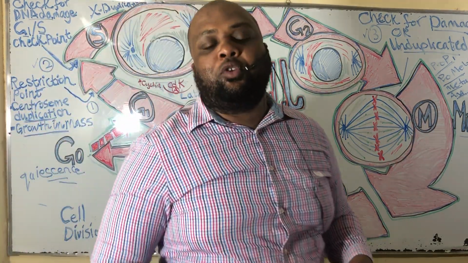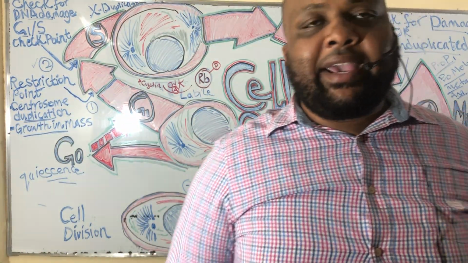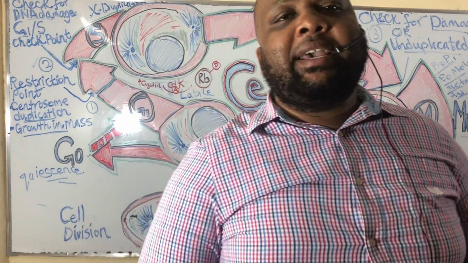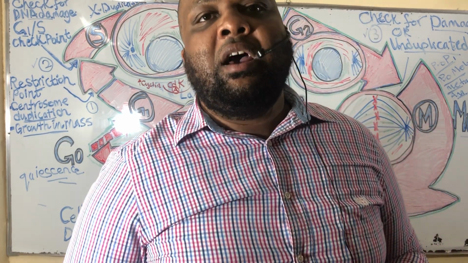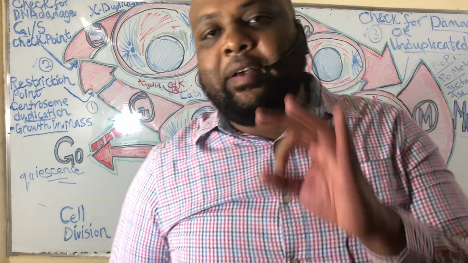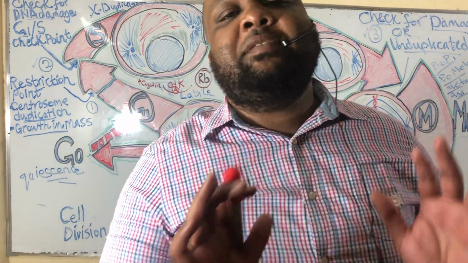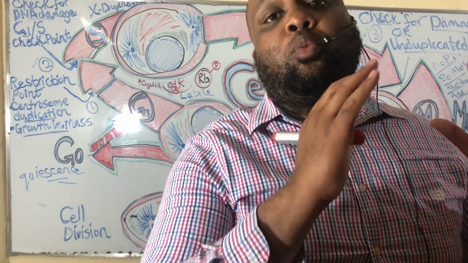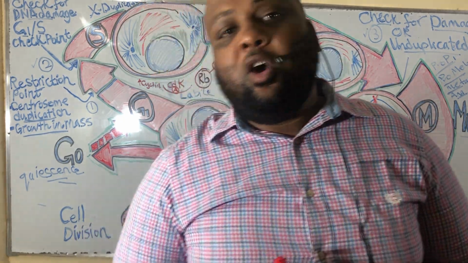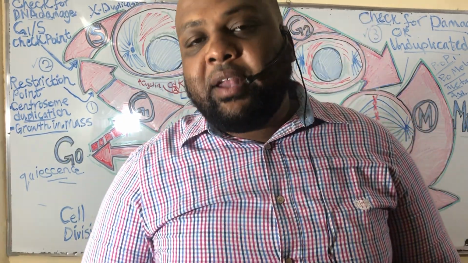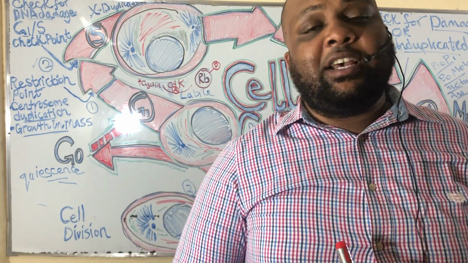That's very important for you to understand, that we have cyclin-dependent kinases. Cyclin-dependent kinases phosphorylate the necessary proteins that push the dividing cell in the cell cycle from one phase to the next phase. Without the cyclin-dependent kinases, the cell will not divide.